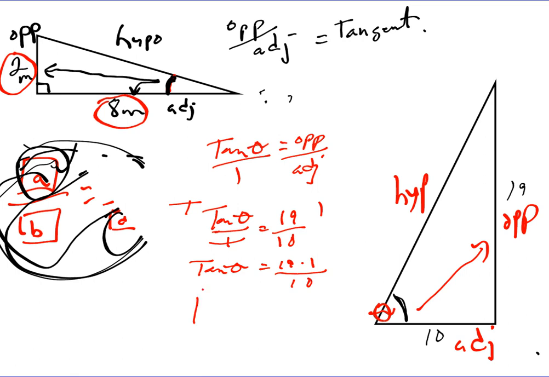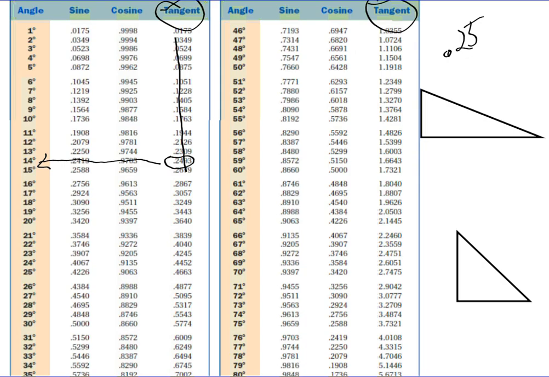So we know that the tan inverse, the inverse should be beside the tan, not like I showed you before. The tan inverse is 1.9. Now we need to go back to that table and find where there is a 1.9 in the tangent.